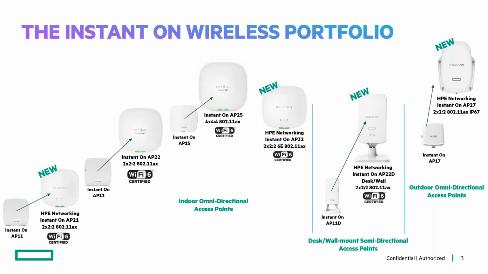Can you provide examples of successful deployments of the AP models and the 14, 18 and 19 series switches in various industries? I realize that's a broad question too. We do have some case studies available on our website, so I would recommend going there to check them out.